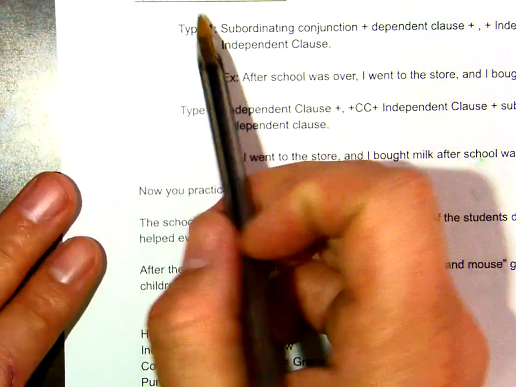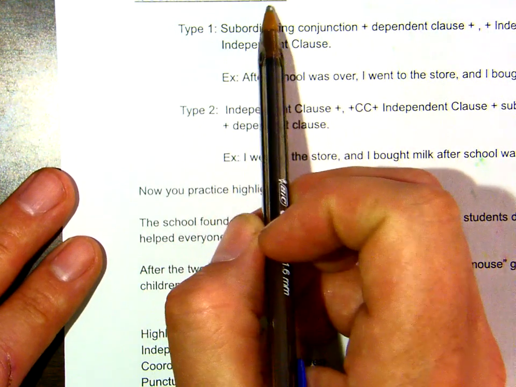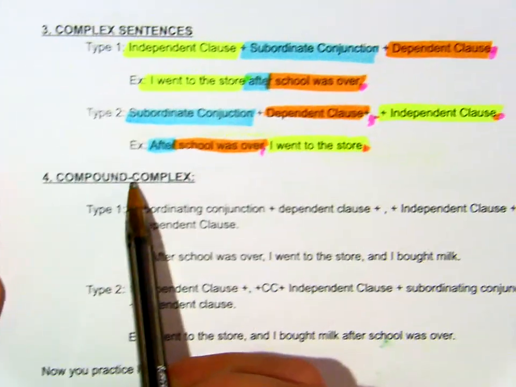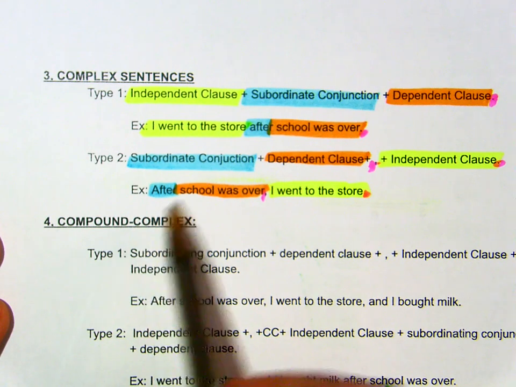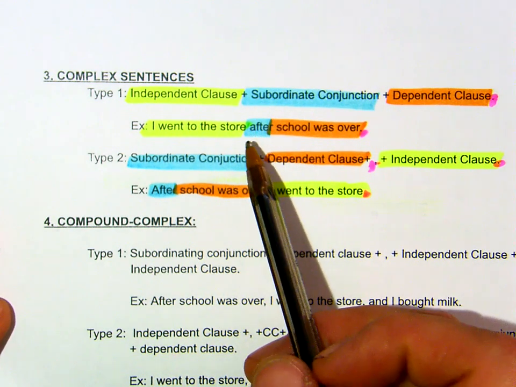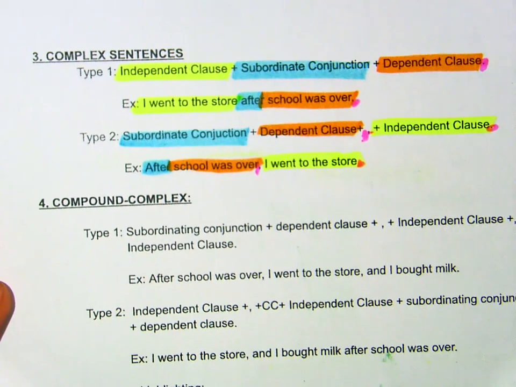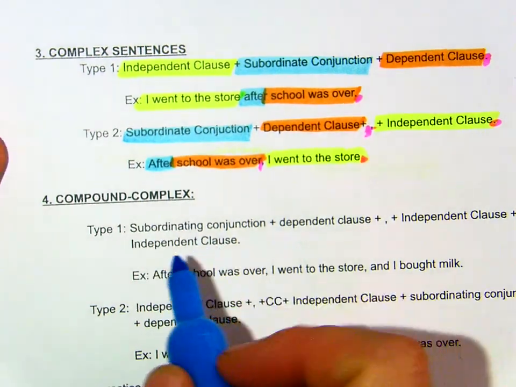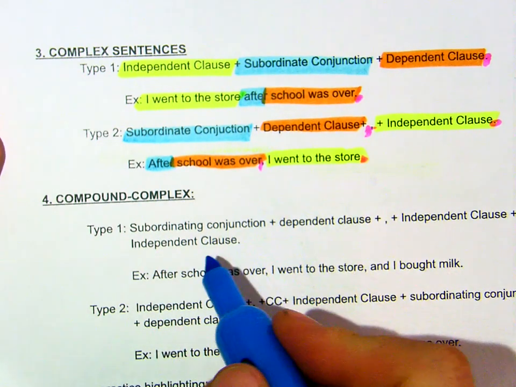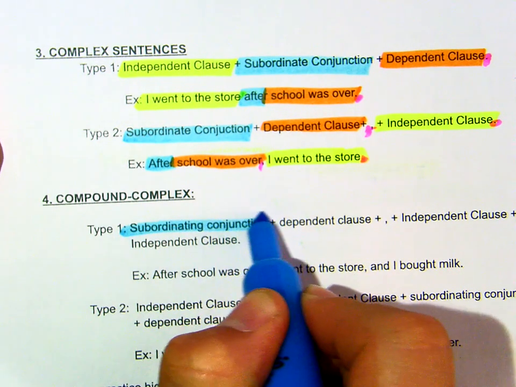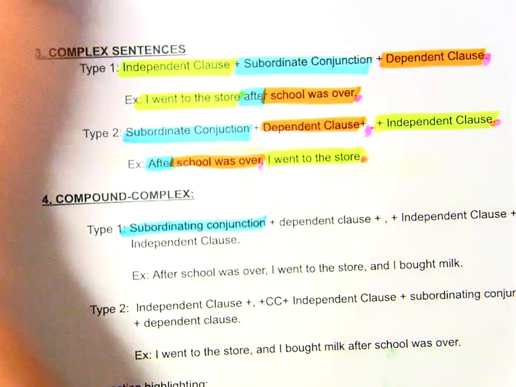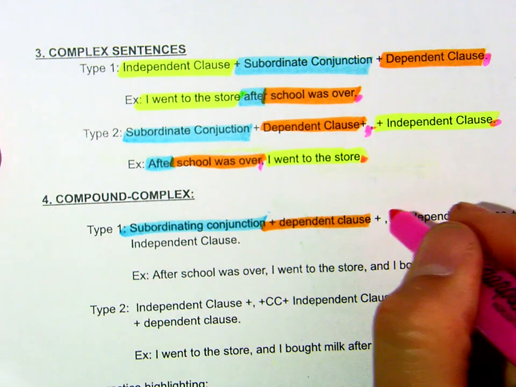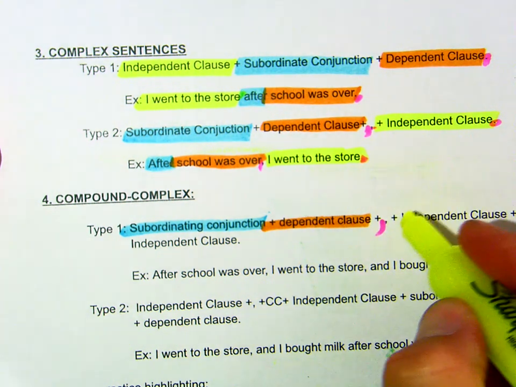Now, the final type, compound complex, is pretty easy. It's just a combination, compound complex, the fourth one, is just a combination of complex sentences and compound sentences. So let's take a look at those. So a type 1 compound complex is going to start off like a complex. It's going to have a subordinating conjunction, a dependent clause, a comma, an independent clause.